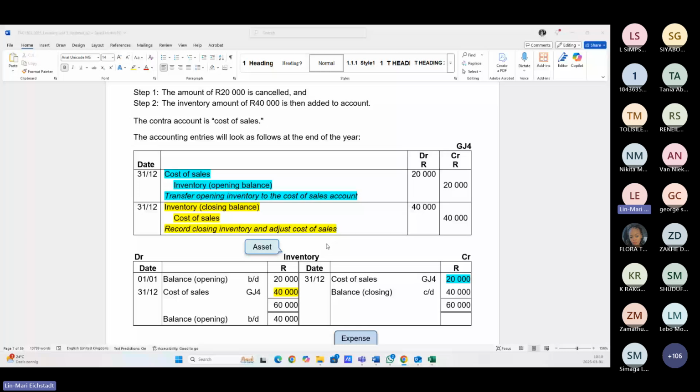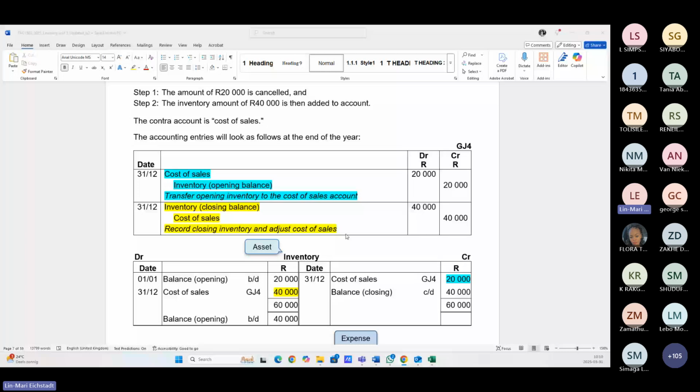So in the inventory account, we had our opening balance, as we did at the top. We take out that complete opening balance to cost of sales, right? So we basically make our cost of sales more, decrease our inventory account, and then we record our closing inventory as an adjustment of cost of sales.